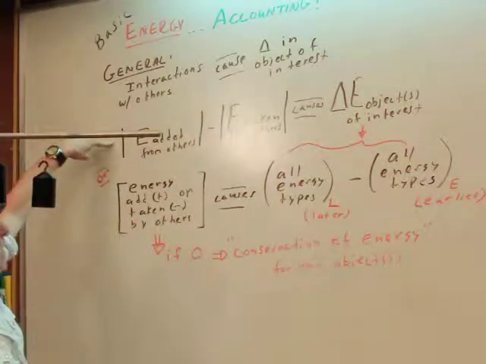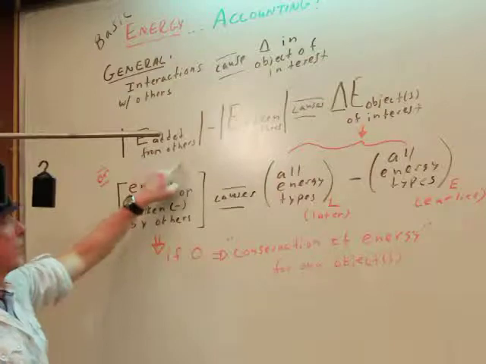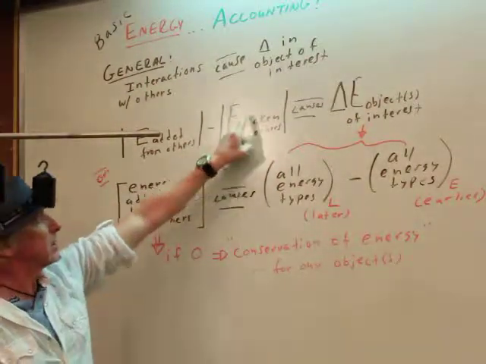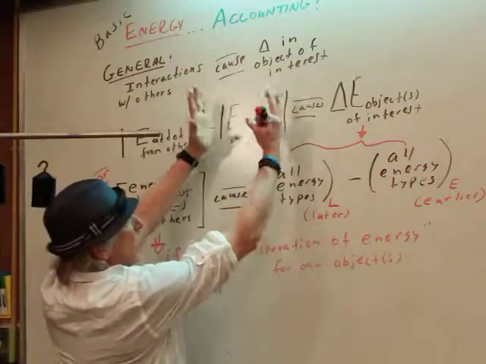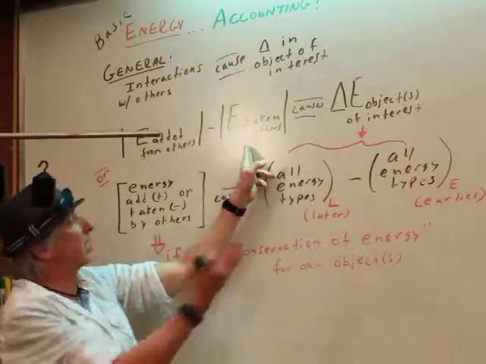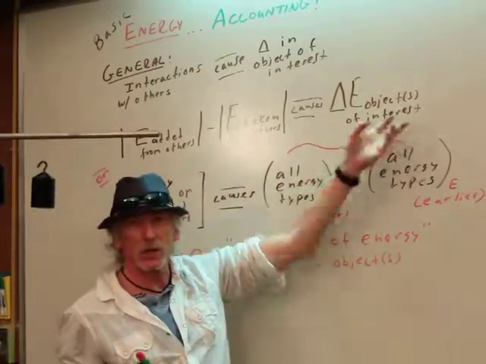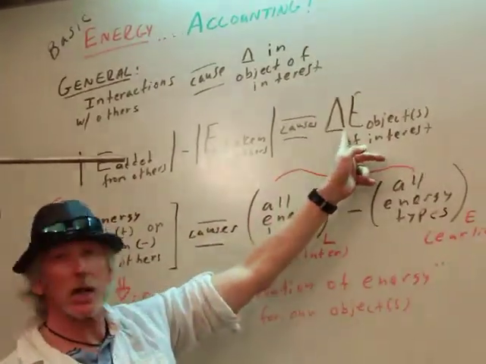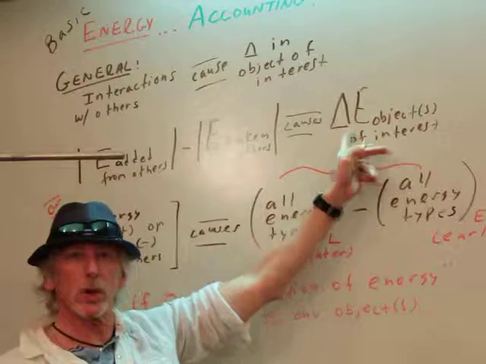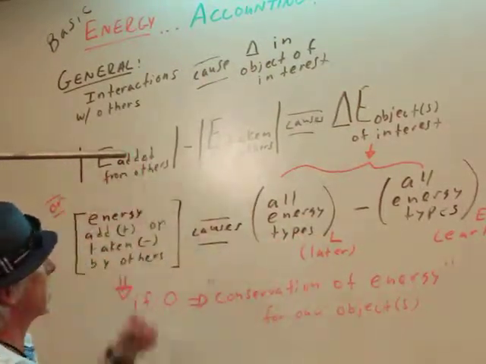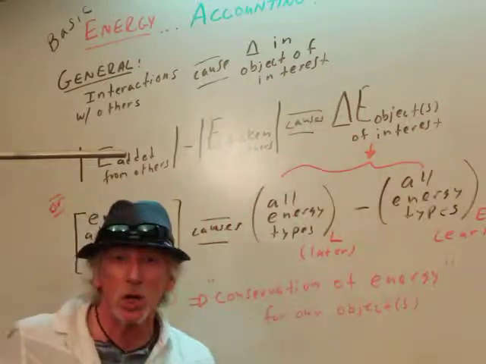So for now, any energy that's added from other objects minus any energy, absolute value, so I'm taking that as a positive number, taken away from other objects, causes our object or objects of interest to change their energy in whatever form. That's the basic idea. It's just accounting. What goes in minus what goes out equals what you changed, right?